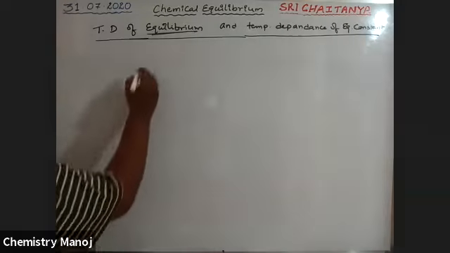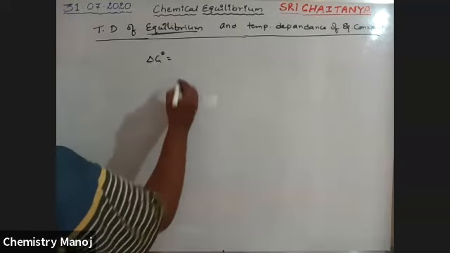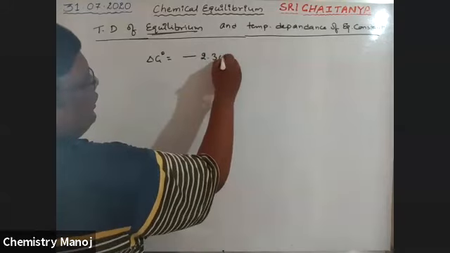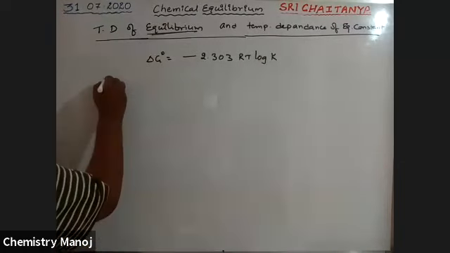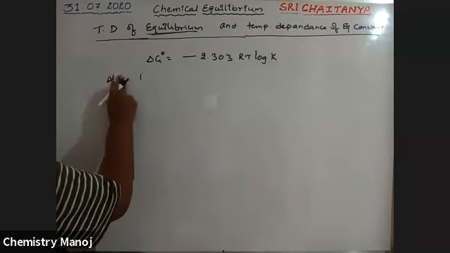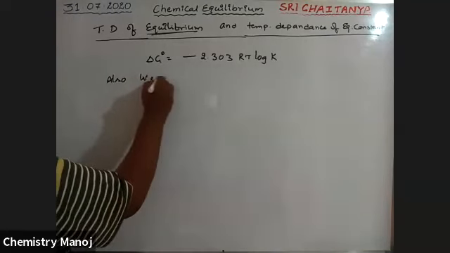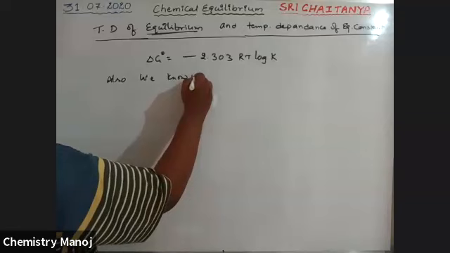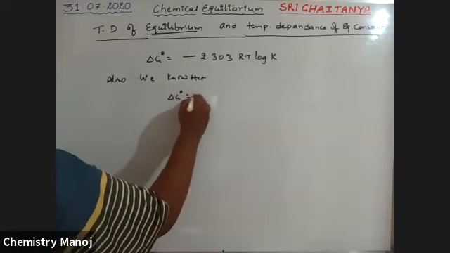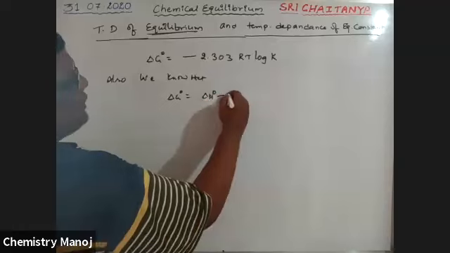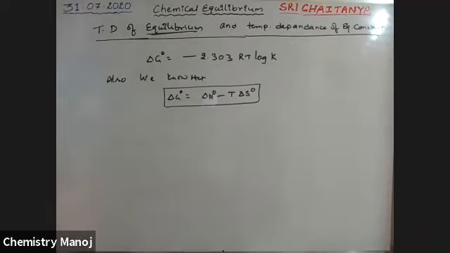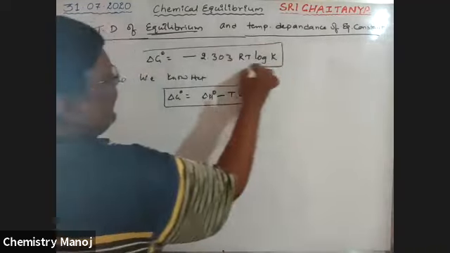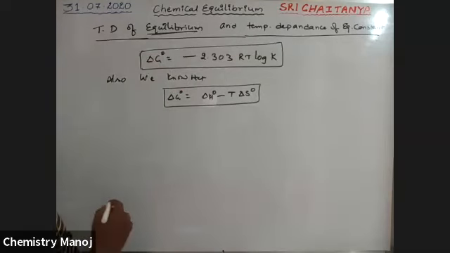We have the formula delta G naught is equal to minus 2.303 RT log K. Also we know that delta G naught is equal to delta H naught minus T delta S naught. It is the actual formula for delta G naught. LHS are equal, therefore RHS are automatically equal.